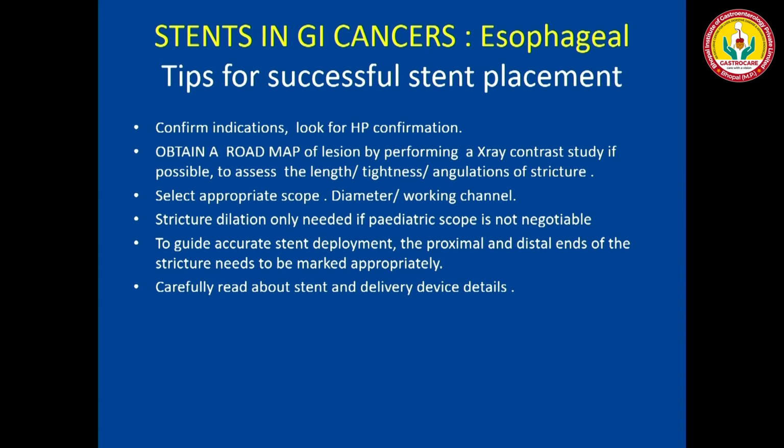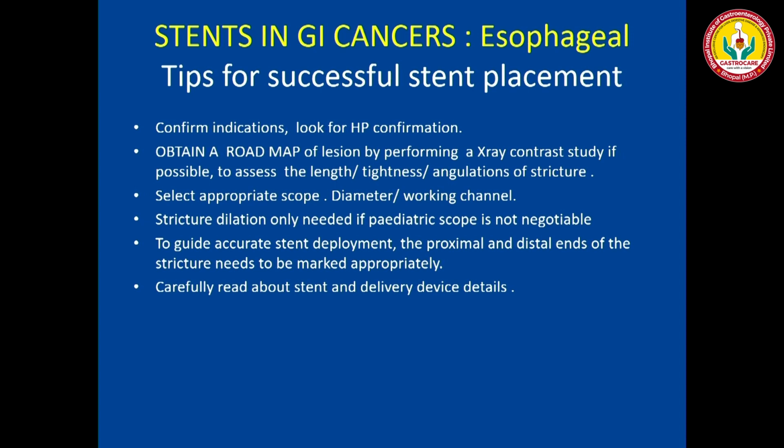There are certain steps and tips for successful stent placement. You must confirm the indication and go for histopathological confirmation, because once you deploy a stent, it is very tough to take a biopsy. Obtain a good roadmap of the lesion by performing an X-ray contrast study if possible, to assess the length, tightness, and angulation of the stricture.